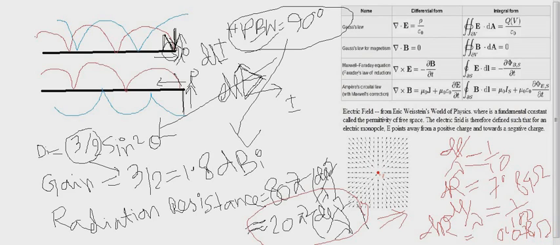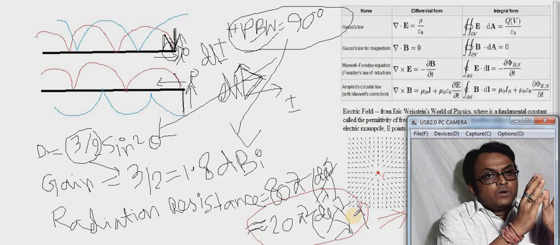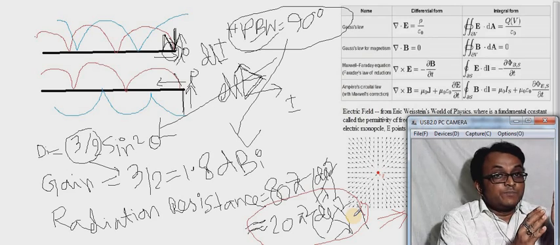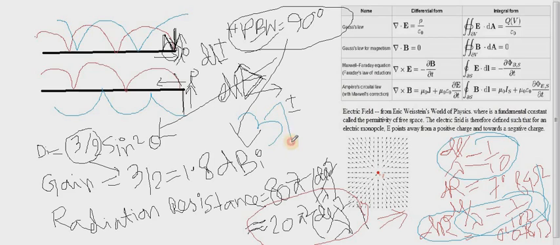From this we can say the smaller the size of the antenna, the lower the radiation resistance will be. It means whenever the radiation resistance is low, the antenna will have a matching problem, because we know the free space wave impedance is always 377 ohm, that is E by H, which always remains constant in the far field.